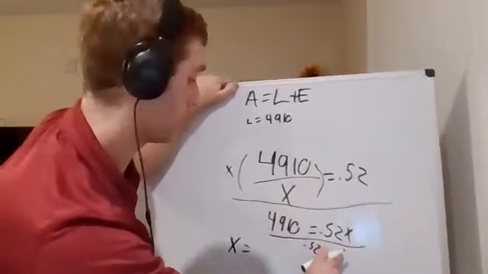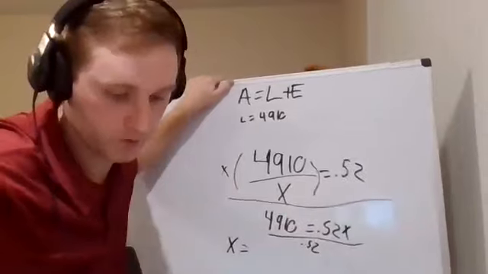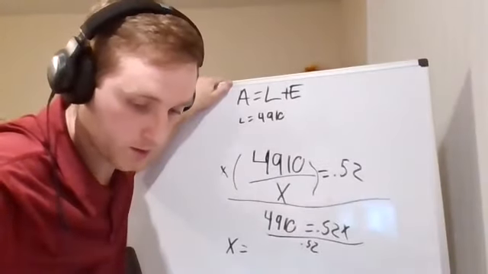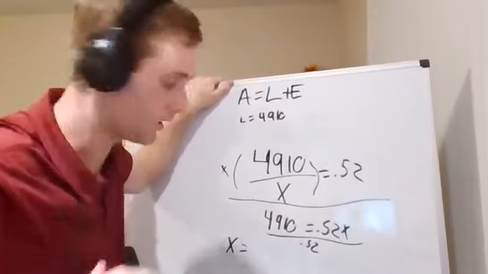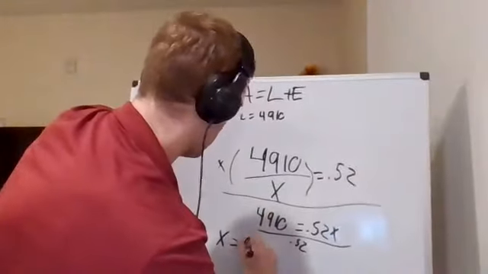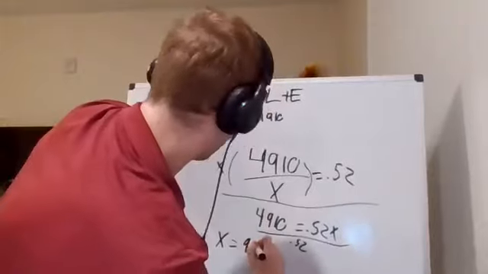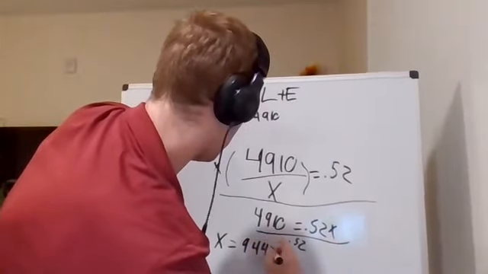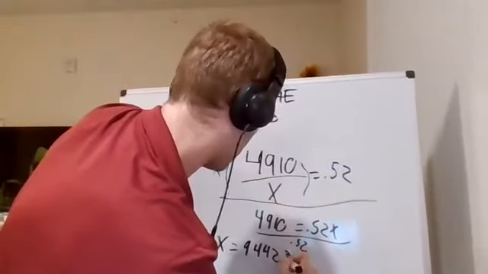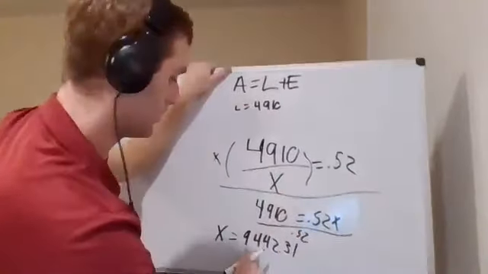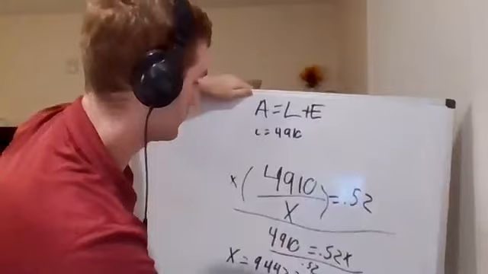Right? So when I do that, it's the opposite. We get 4910 divided by 0.52. And that gives me 9,442.31 because we're rounding to 2 decimal points, right? So that tells me what X is.